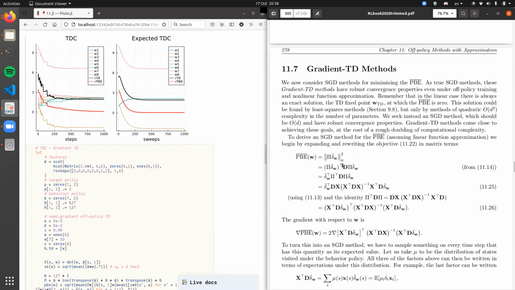This matrix D here is a diagonal matrix with the weights corresponding to mu, so it represents our state distribution.